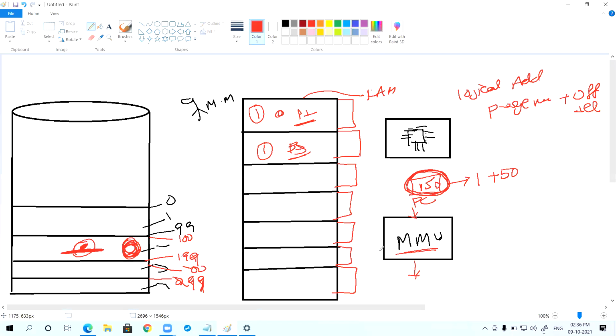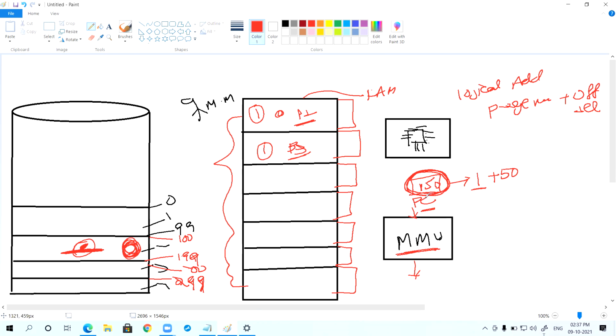So what will the MMU do? The MMU will check whether this first page is already present in any one of the frames or not. For that it will maintain the page table. Again, try to understand. What is the program counter holding now?